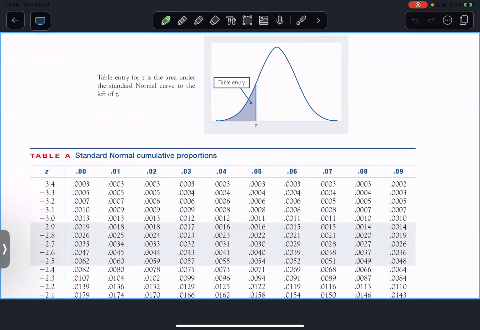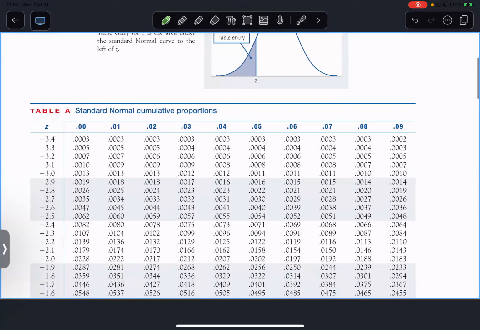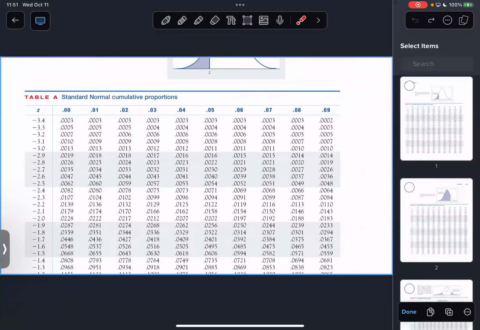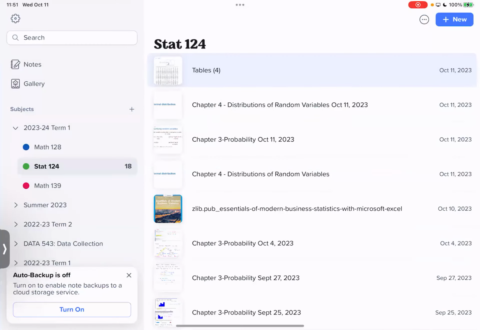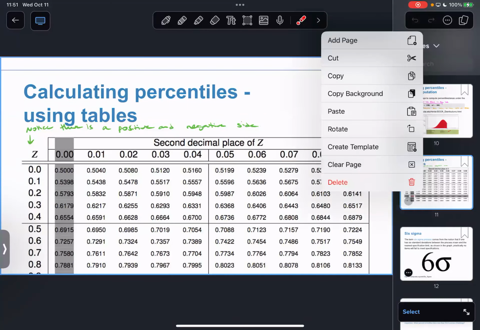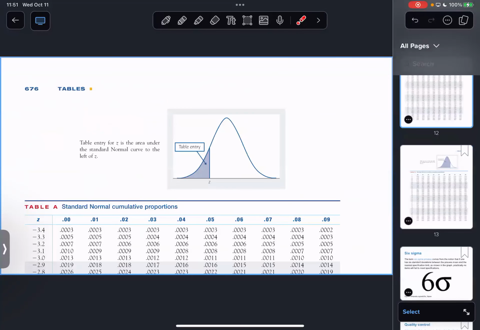I don't think I have this posted on Moodle yet, but I will. That's how much I hate the Z tables. Starting here on the negative value of Z, and then it's increasing as you move down. Let me see here. I want to copy, and I want to throw them in here. Paste. Hey, nice. I did it.